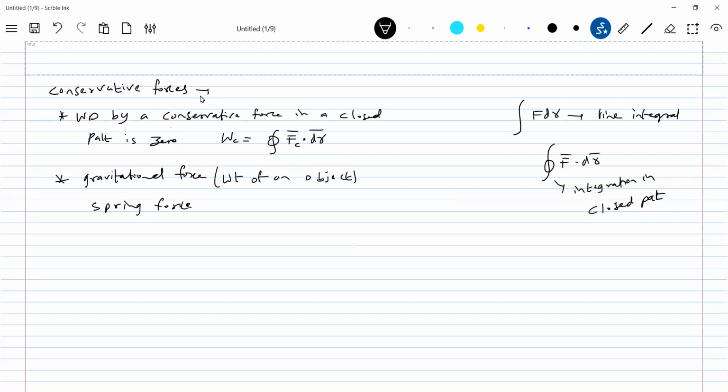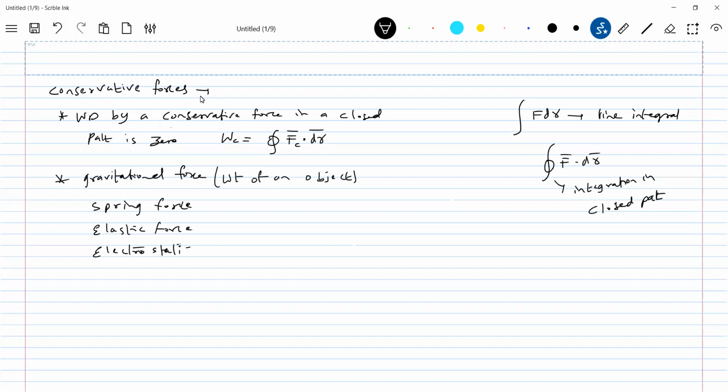Then next, elastic forces. Then not all, only few electrostatic. Means electrostatic again you will have conservative and non-conservative forces. So therefore, all electrostatic forces need not be conservative. When we enter into the chapter electrostatics, there you'll come across that one.